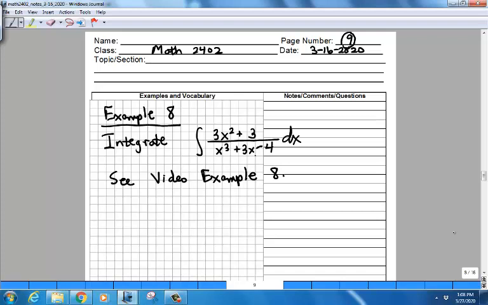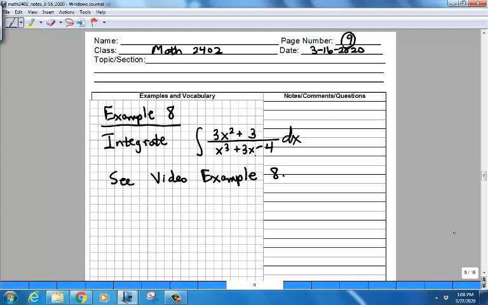But look, notice that if you look at this denominator, what is its derivative? Its derivative is, well, the derivative of x cubed is 3x squared, and the derivative of 3x is 3. So that means that the derivative of your denominator is already in your numerator, and when you have that situation, that means you're probably going to be able to integrate by substitution, right?